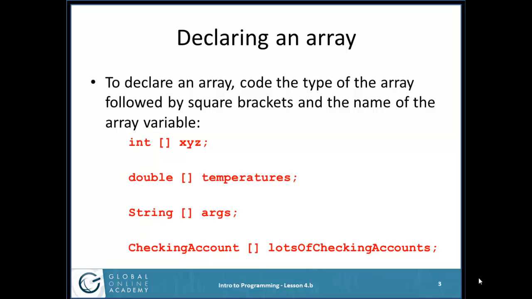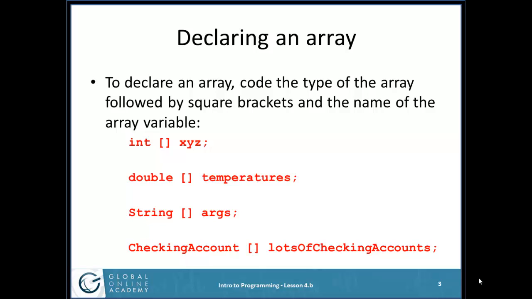Next line, I'm going to have a variable called temperatures. Each one of them is going to be a double, and there's going to be an array of them. String[] args. There is going to be a variable called args that's an array, so there are multiple args, each one of which is a string.